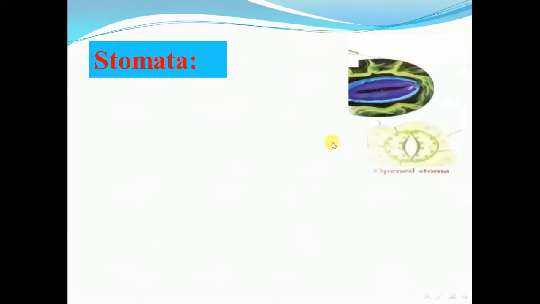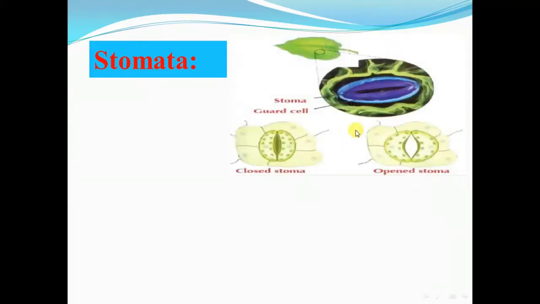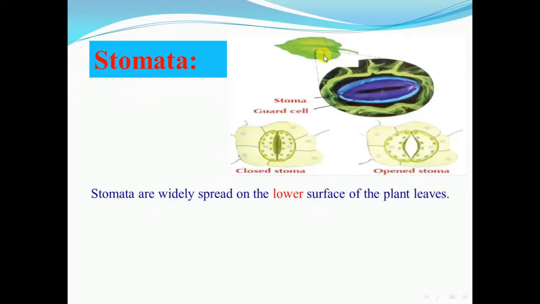What is the stomata? Look at me, that's the shape of the stomata. That's the leaf of a plant. In the lower surface of leaves, there are very small holes. So the stomata are widely spread on the lower surface of the plant leaves.